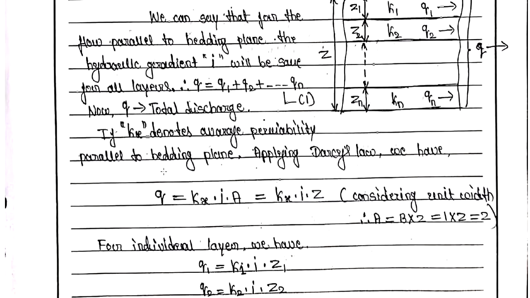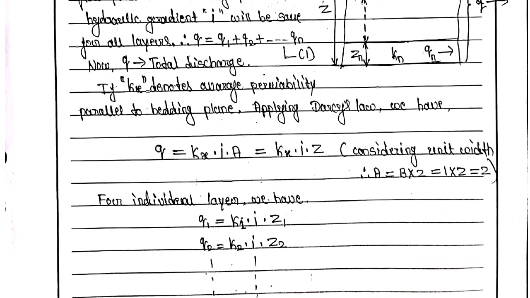Z is nothing but the cross-sectional area. If I consider unit width, A is equal to B into Z, where B is the width and Z is the depth. So if I consider B as unity, A will be equal to Z. So in place of A, I have kept Z over here.